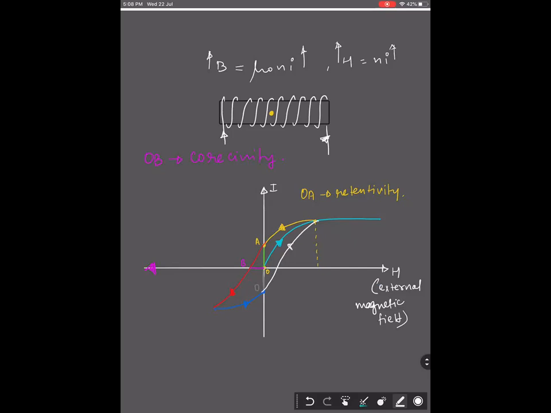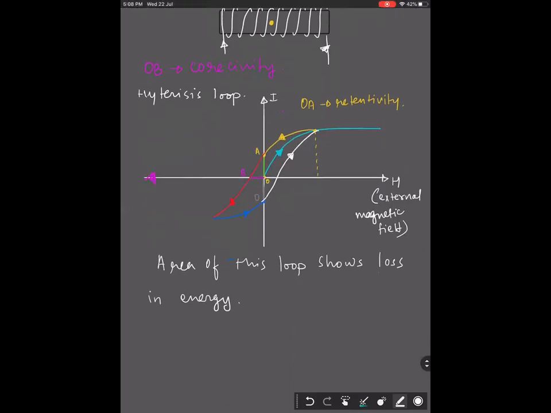So this loop is known as hysteresis loop. And the area of this loop shows loss in energy in the form of heat.